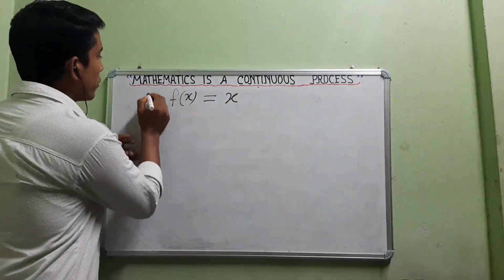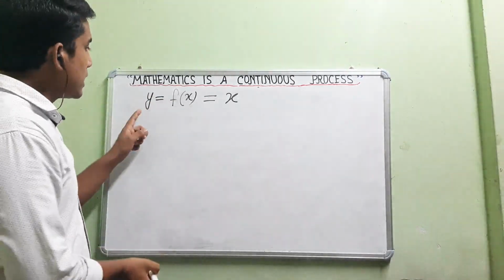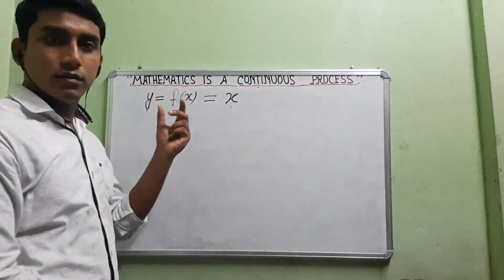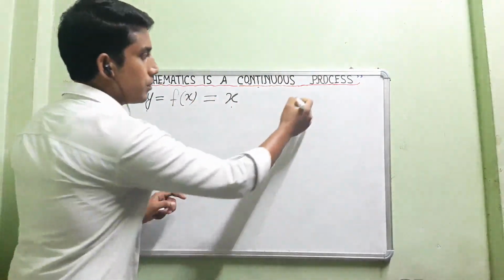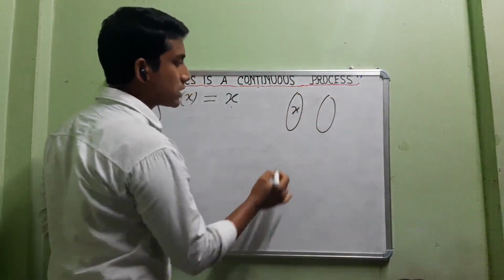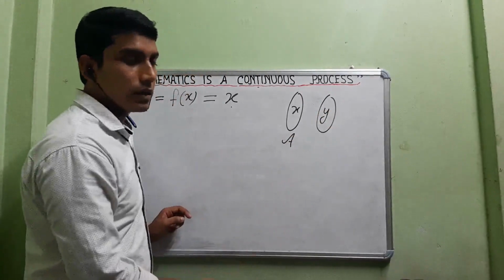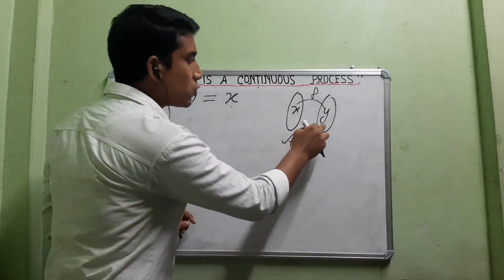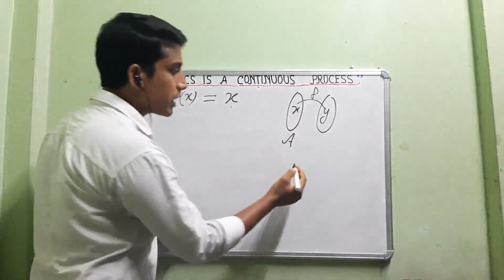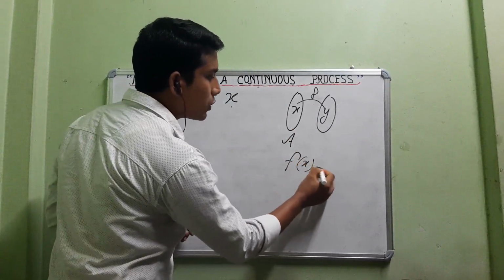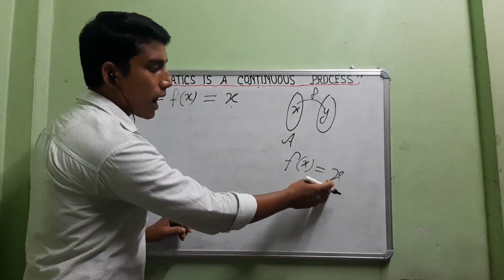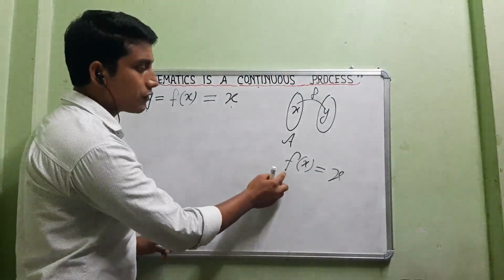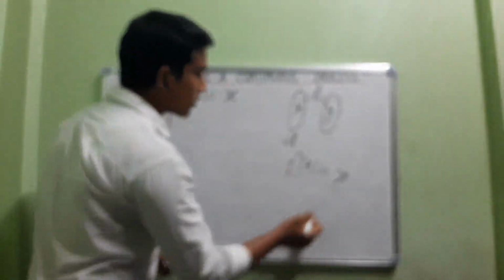Suppose f(x) is y, as I have already told, y equal to f(x). Then y would be directly equal to x. That means the image and the pre-image are the same. Earlier, x was the element of A and y was the element of B, and imposing the rule f on x gave y. Now if after imposing f on x we get x again, there is no change in x even after applying f.